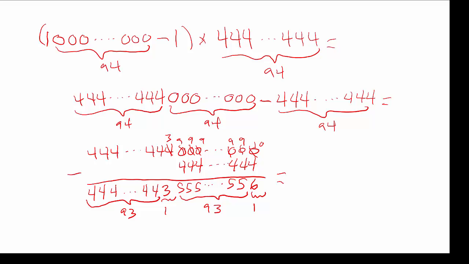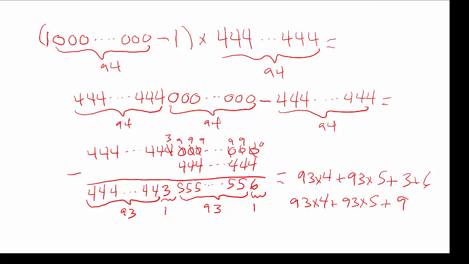When we write that out, we can do 93 times 4 plus 93 times 5 plus 3 plus 6. Well, that's 93 times 4 plus 93 times 5 plus 9.